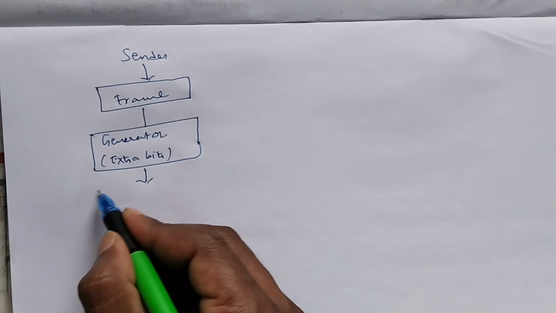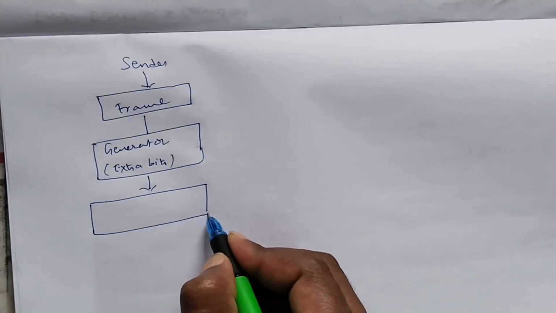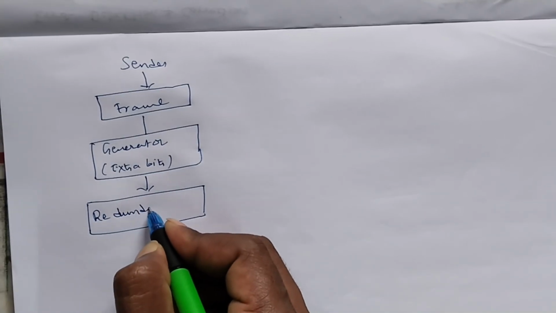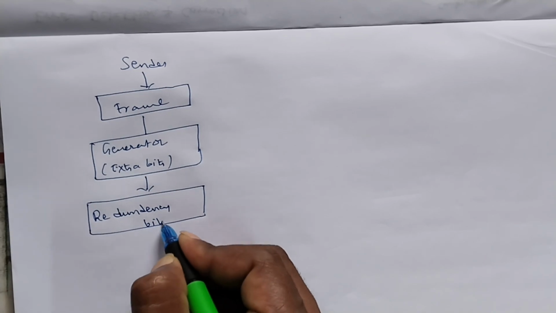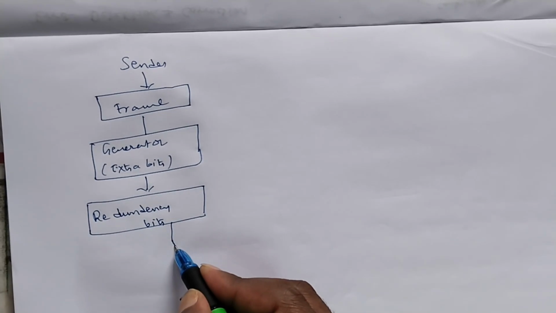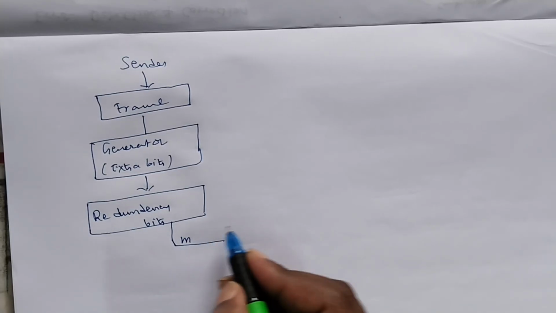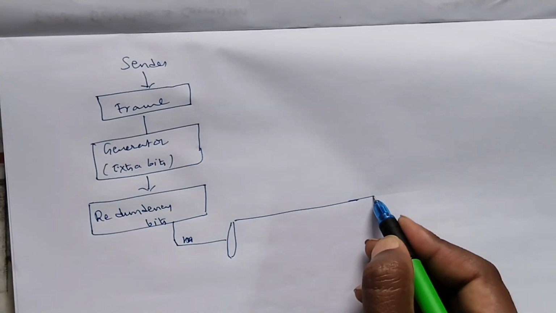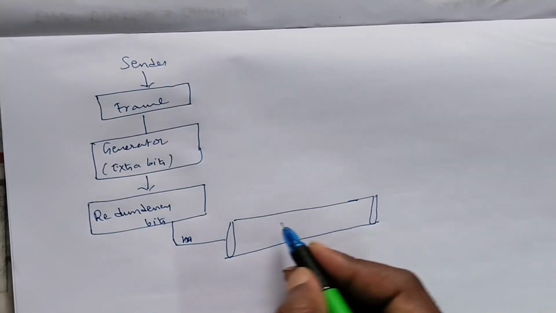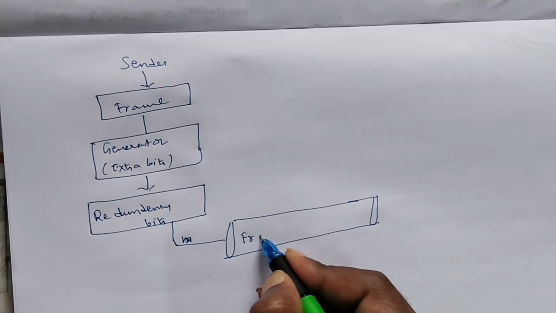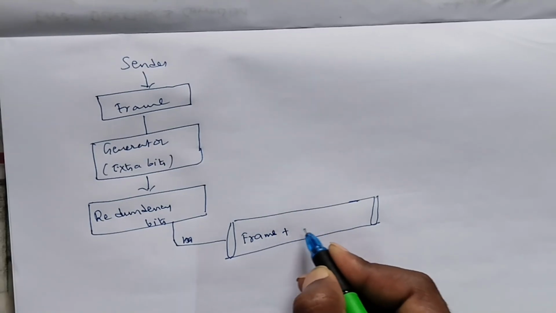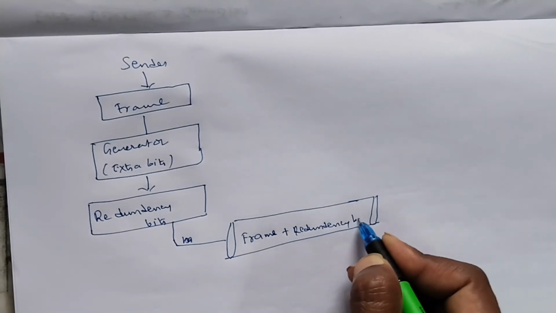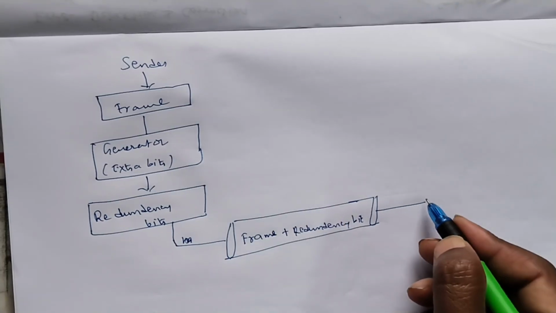After generating, we get the redundancy bits. These redundancy bits and the message will be delivered to the transmission media. The frame plus redundancy bits will be sent from sender to receiver.